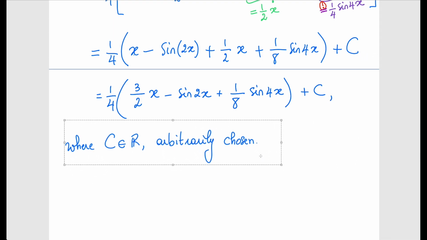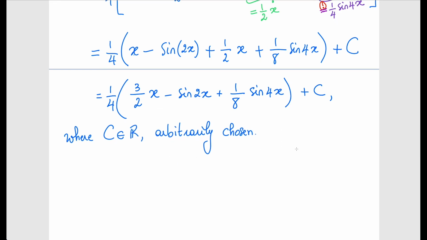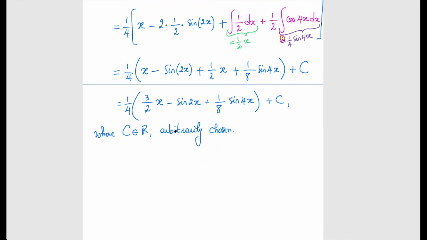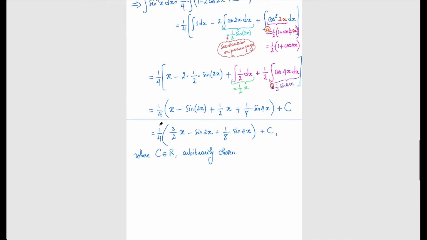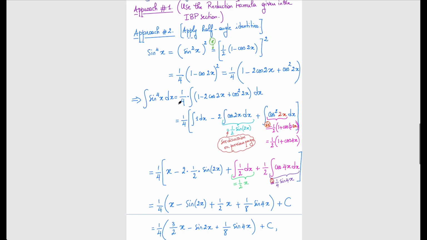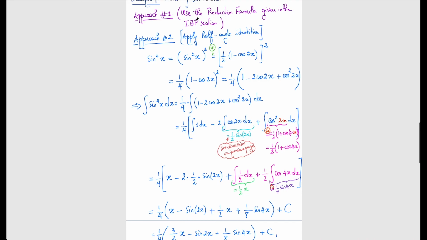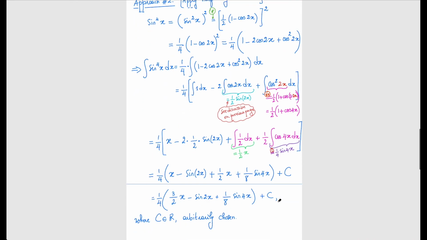Okay, very good. So try to actually convince yourself that in approach number 1, by using the reduction formula, you get exactly that primitive function. So 1/4 of that sum plus a constant.